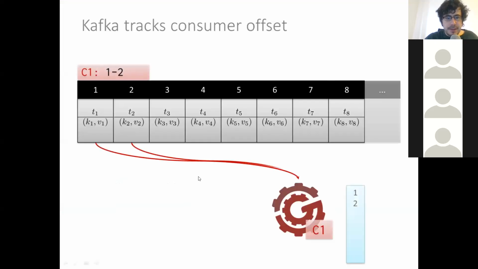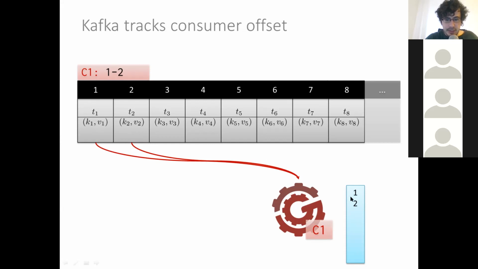So, okay, we were speaking about writes. So let's talk about reads. So we have consumers who are reading from the ledger from a particular topic. Kafka's role is to track the consumer offset. So it will remember which offset the consumer is reading from. In this case, let's say that the consumer decides to read record 1 and 2.